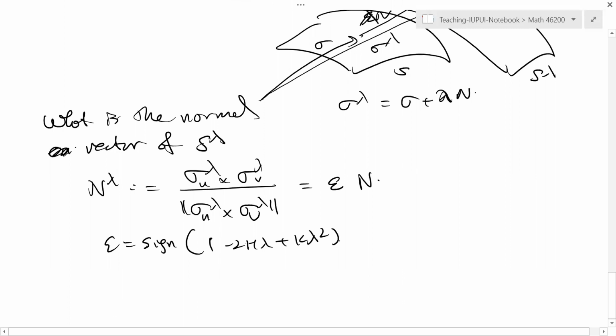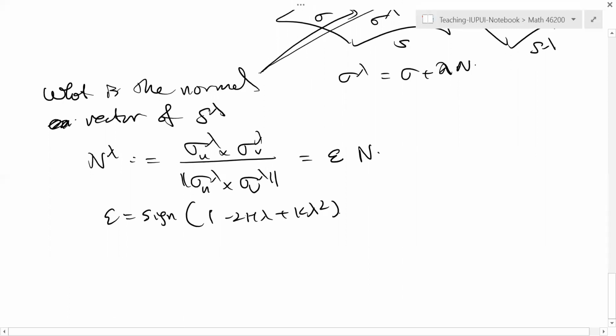So we have almost the same normal vector. But there's a possibility when lambda is too large, 1 minus 2h lambda plus k lambda squared is going to be negative. So the epsilon could be plus or negative 1, okay?